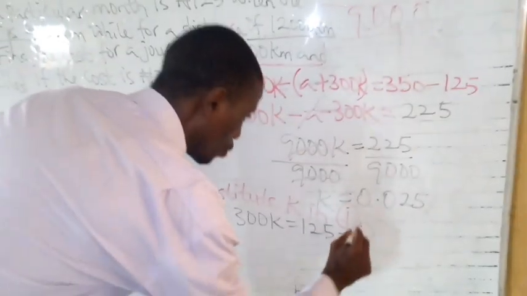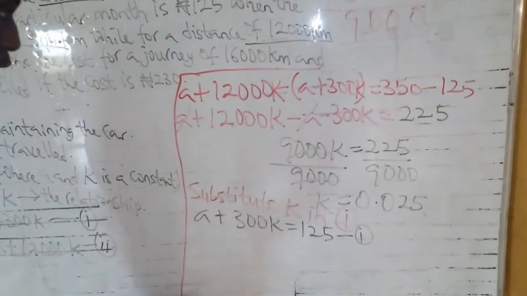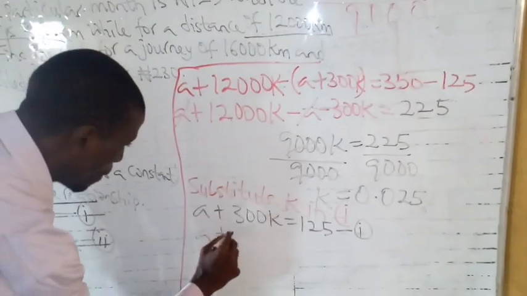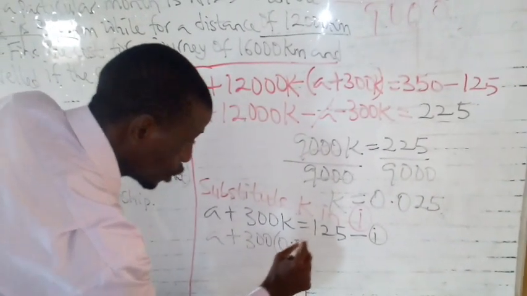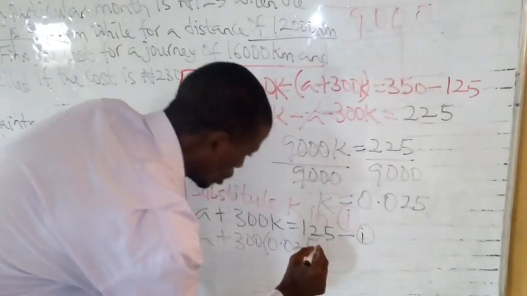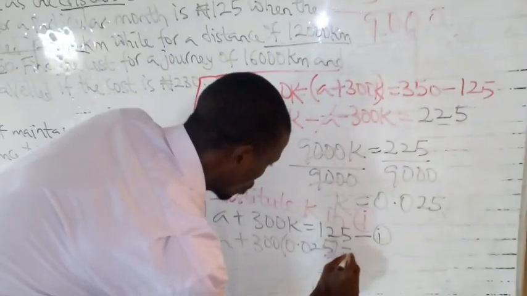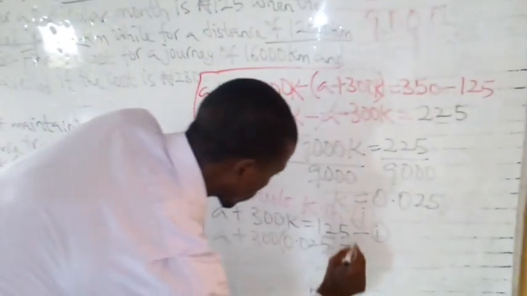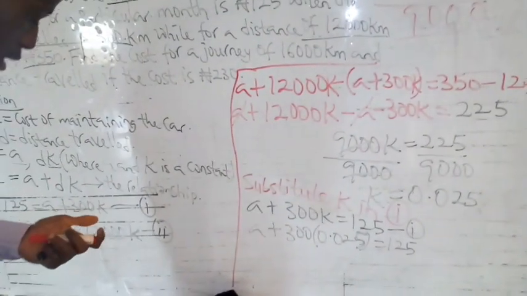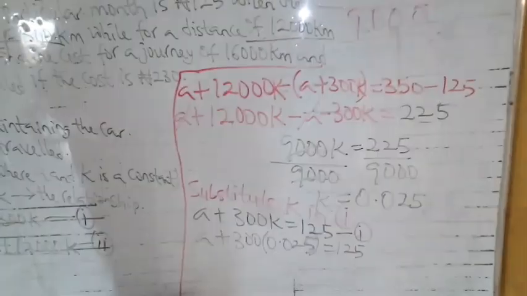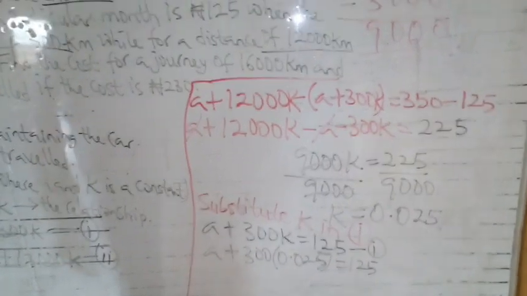This is equation 1. Now it's going to be A plus 300 multiplied by 0.025 equals 125. What is 300 times 0.025?